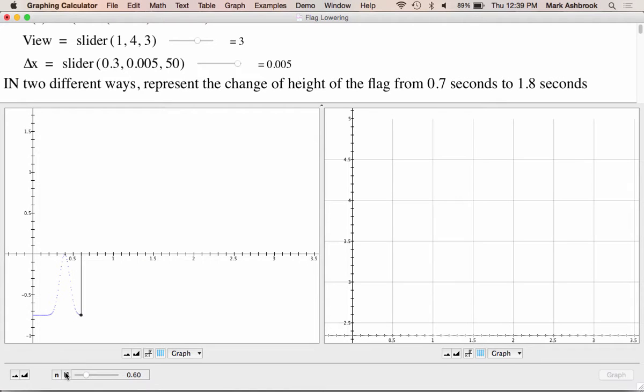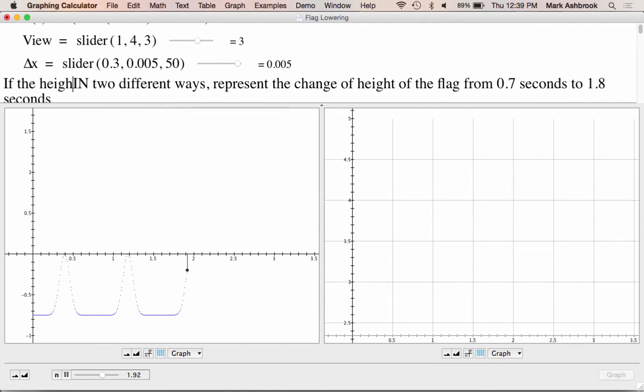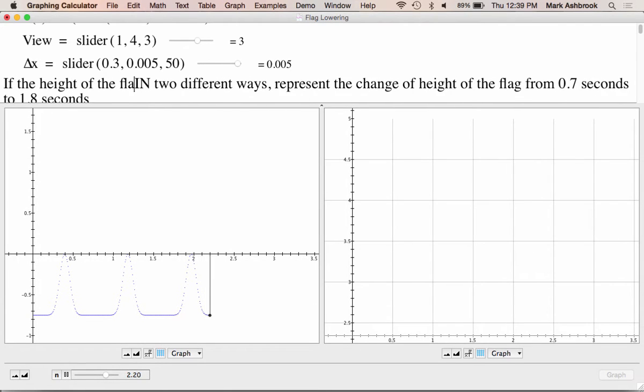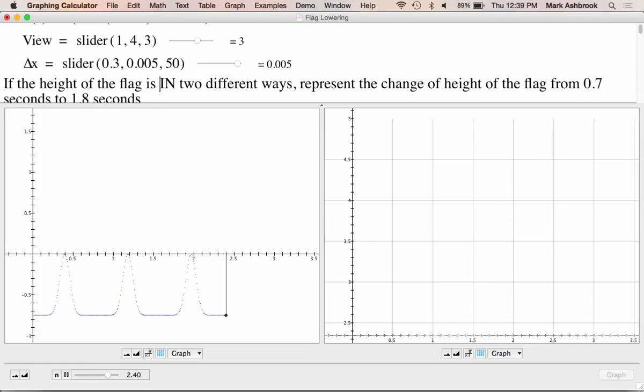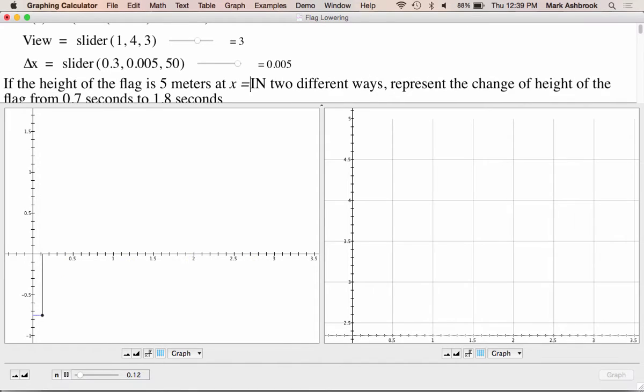So if the height starts at 5 meters, the height of the flag is 5 meters at time equals 0 seconds.